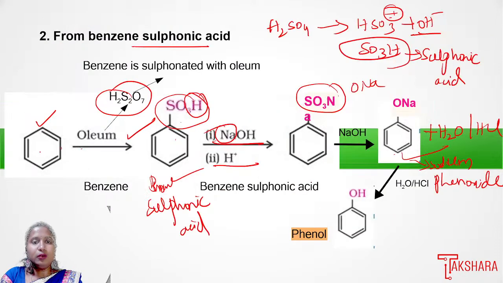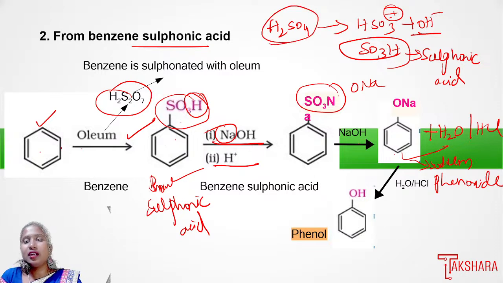Then next we have the second method of preparation of phenol, using benzene sulfonic acid. To know the sulfonic acid, we have sulfuric acid. When sulfuric acid undergoes ionization, it forms HSO3 plus and OH minus.